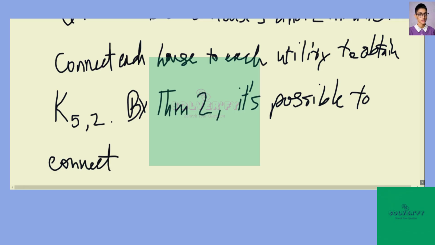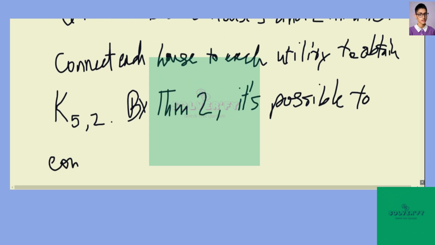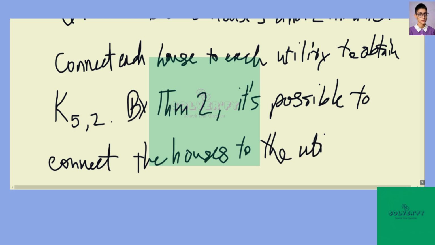So by Theorem 2, we can connect the houses to the utilities without connections crossing.